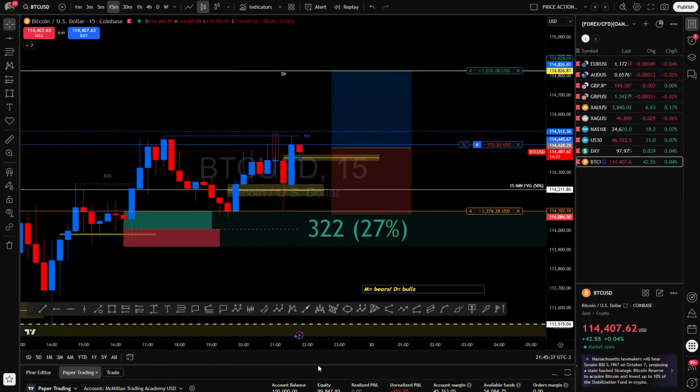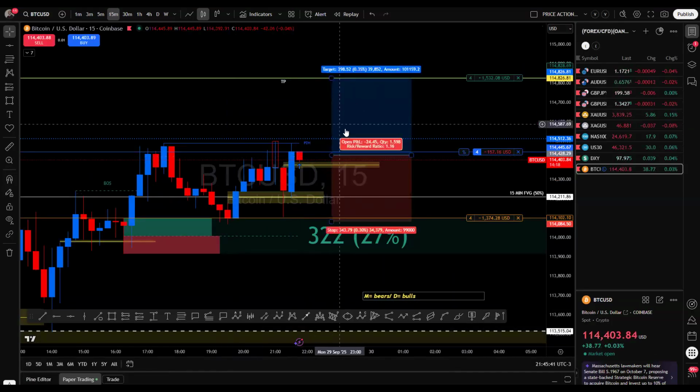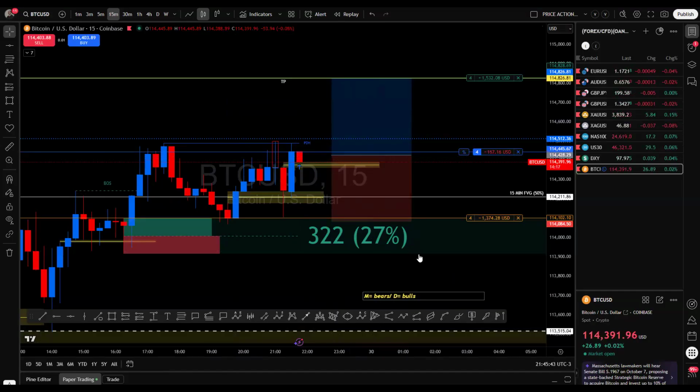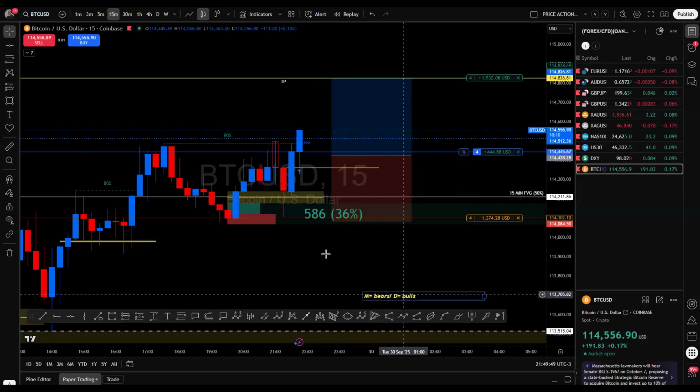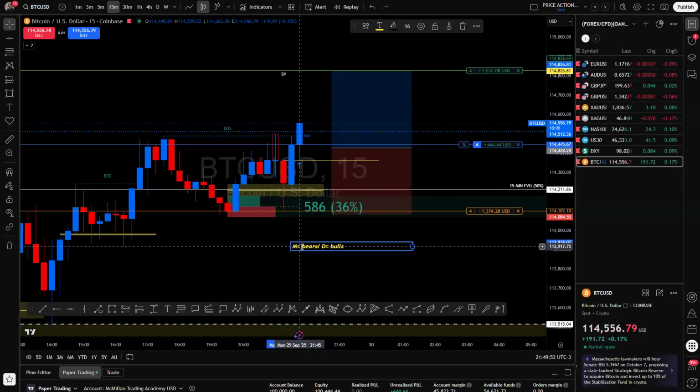And once we get into some profit and we start making progress and the price starts to push up, then we'll see what happens here. Now we're starting to get into some good profit. So remember what I talked about before? Manipulation of the bears. We got that here with our rejection wick.